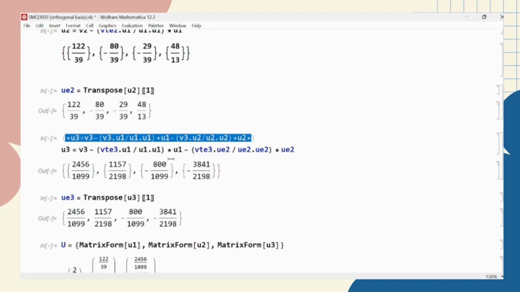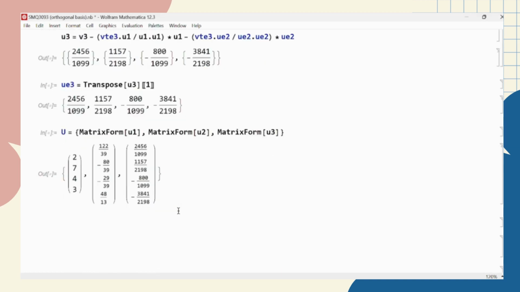And after we get the answer, we need to transpose it again, so that it will turn into a vector and it can read the first row, so that it can read that as a whole.